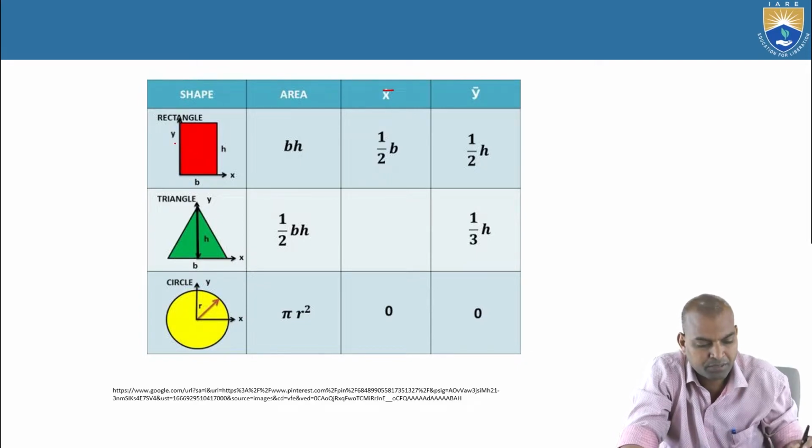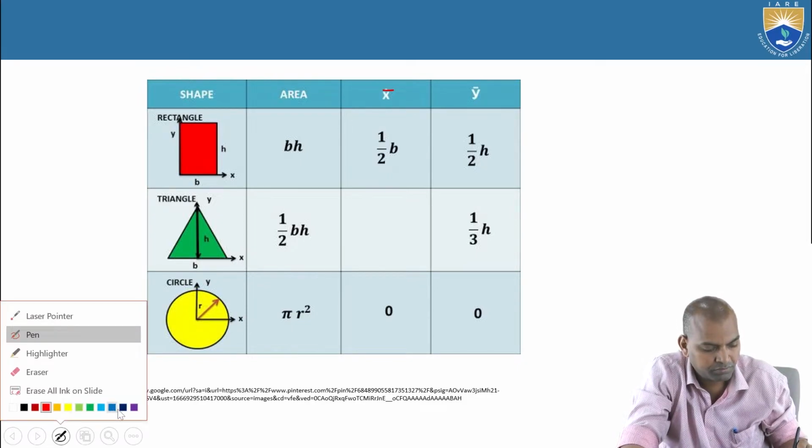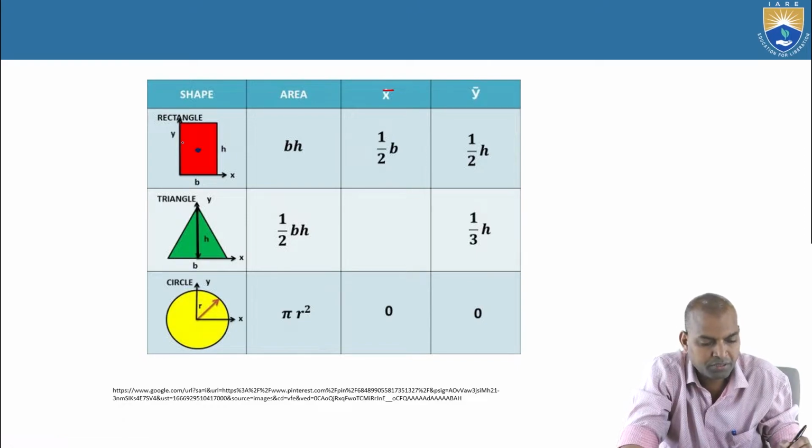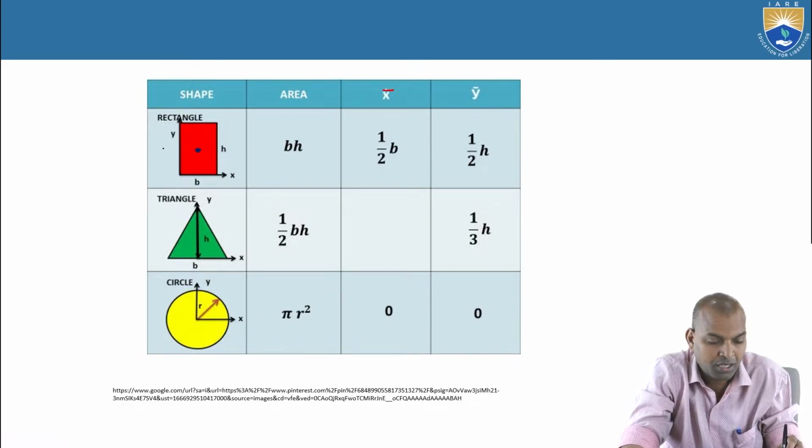The centroid coordinates are x bar equal to b by 2 and y bar equal to h by 2.